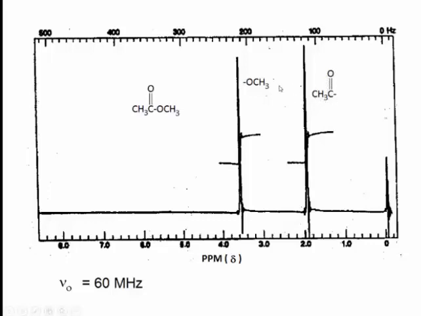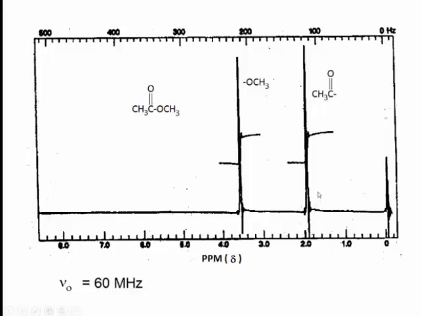And as a result, the methoxyl methyl occurs at a larger delta value. It occurs at about 3.6. The methyl bonded to the carbonyl group occurs at approximately 2 ppm.